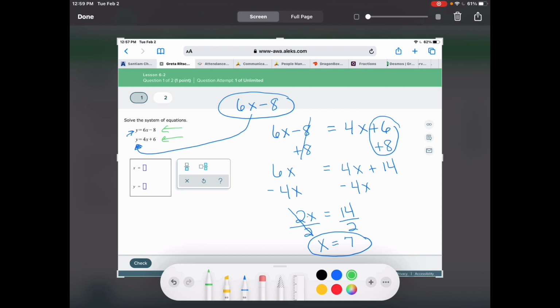So I'm going to say y equals 6 times 7 minus 8. And so let's see, 6 times 7 is 42, and 42 minus 8 is 34.